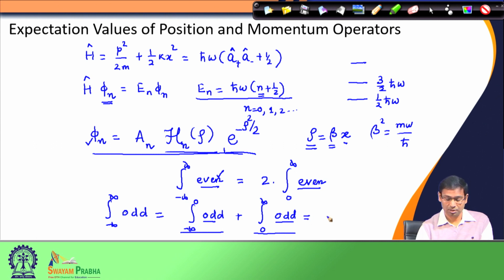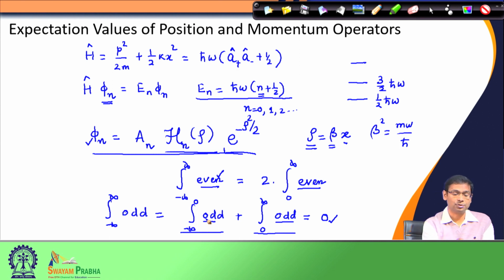So, in that case, when I integrate this function from minus infinite to infinite, I get the result as 0. But when it is an even function, I simply get twice the result of the integration from 0 to plus infinite. These two relations we would use to discuss some important properties.